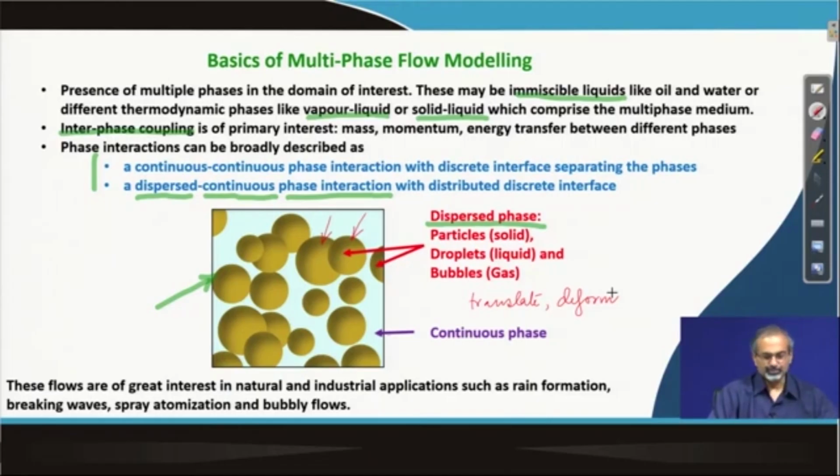So, when you look at it from CFD perspective, if you are trying to discretize your domain and trying to capture dispersed phase within a continuous phase, then it becomes a challenging problem, because you have to have a discretization of the domain done in such a manner that you can capture the smallest phases by deploying a few grid points across the smallest particles, and at the same time you should ensure that in the process you can also capture a large number of particles in the domain, so that on an average you can solve the flow with enough number of entities of the dispersed phase immersed in the continuous phase.